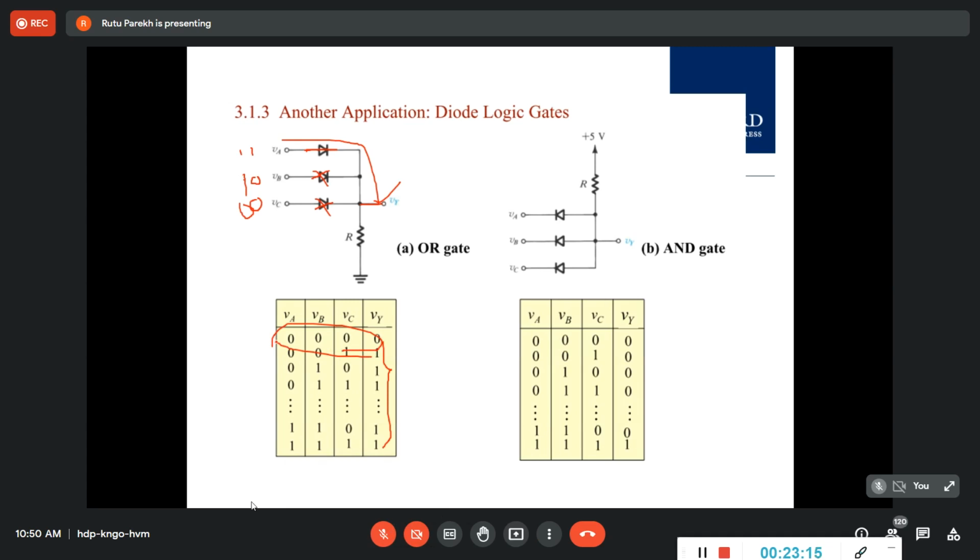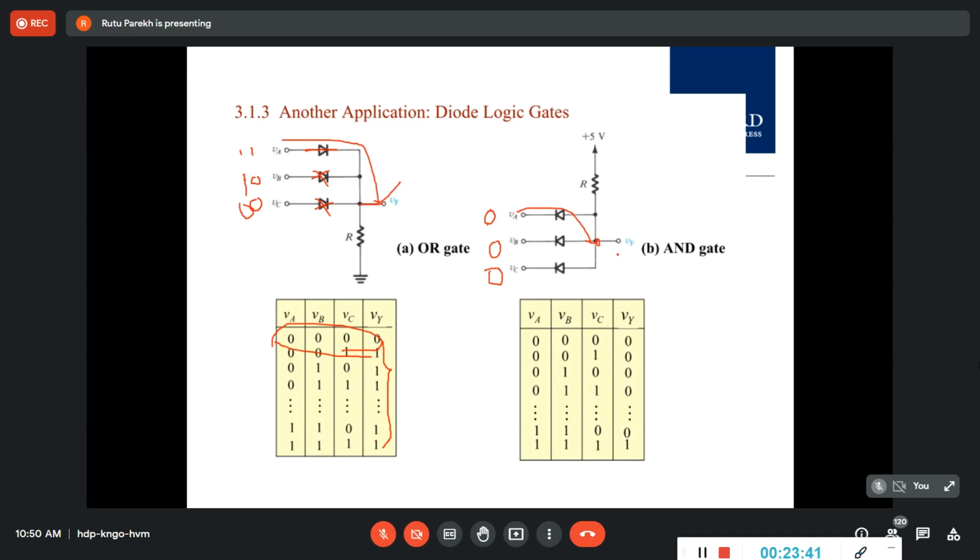So now let us see the AND gate, and you start with 0, 0, 0. If all 3 inputs are 0, are these diodes conducting or not? Conducting, very good. If they are conducting, this point is shorted here, and what is this? 0 volt.